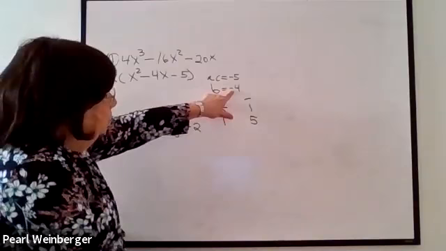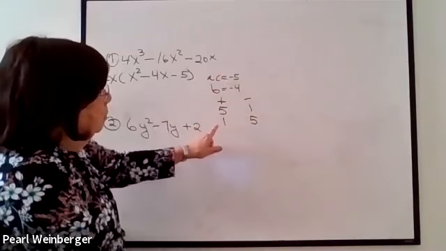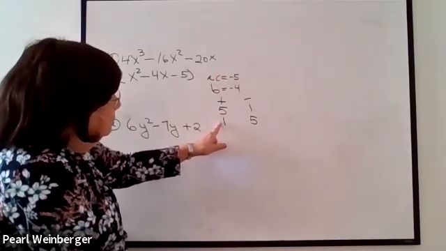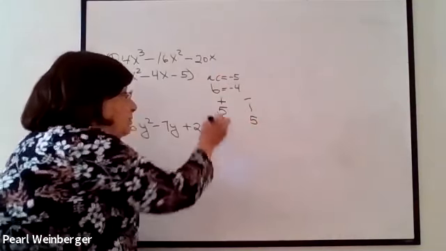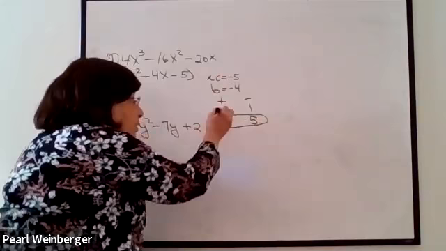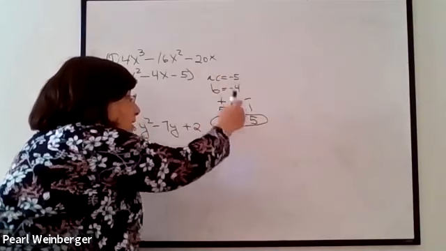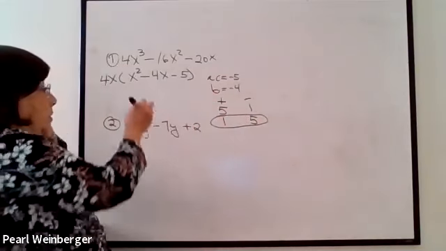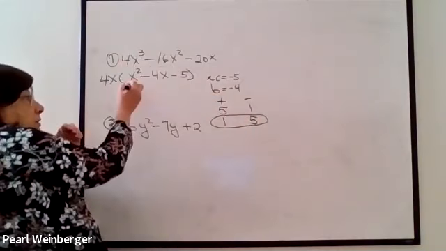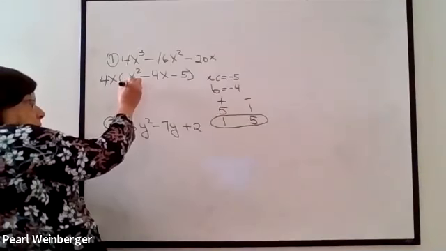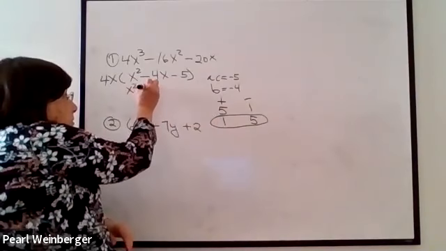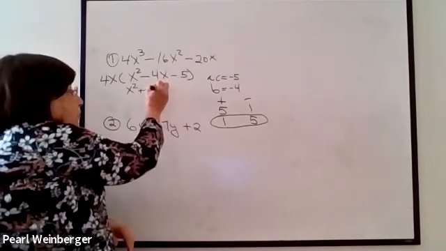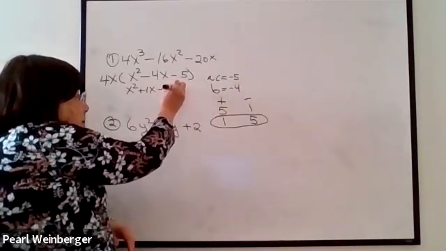But I don't want plus 4, I want negative 4. So I know it has to be the positive 1 and the 5 has to be the negative. Because positive 1 and negative 5 do give me negative 4. So we're going to rewrite this now. x squared plus 1x minus 5x minus 5.